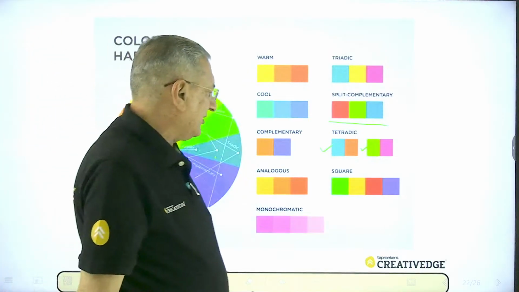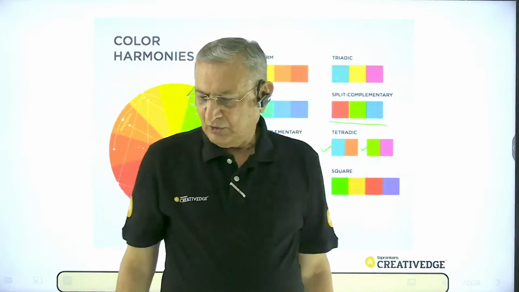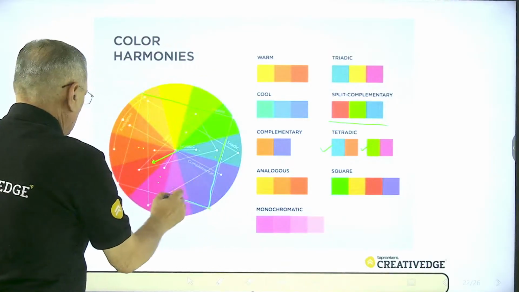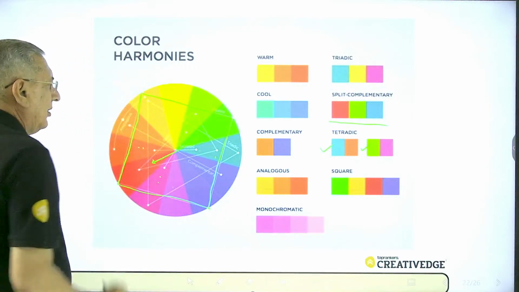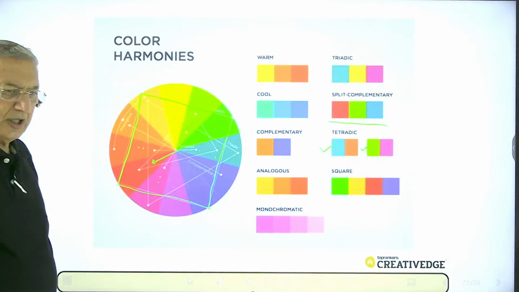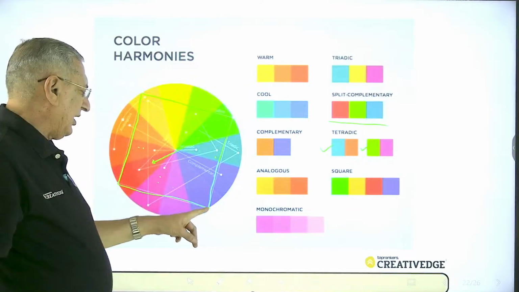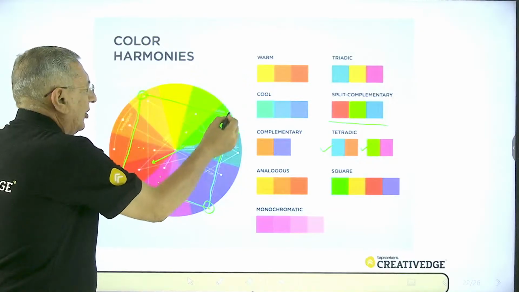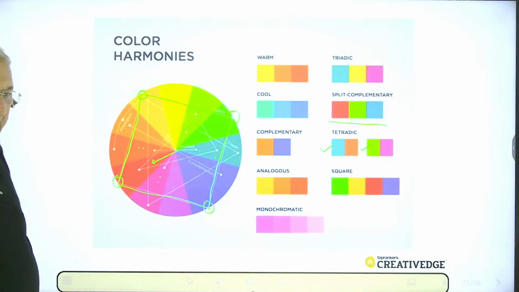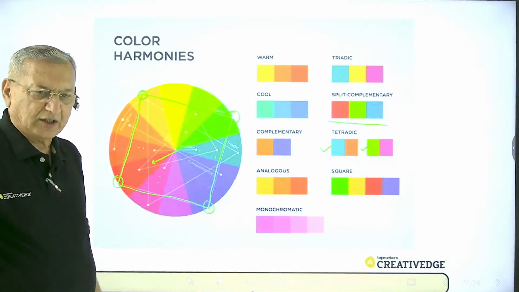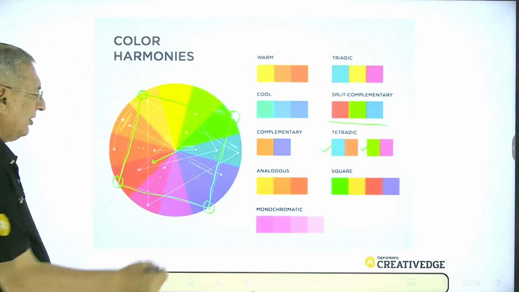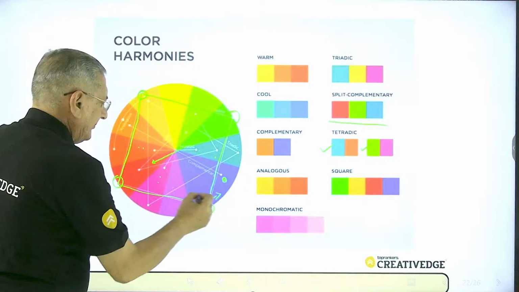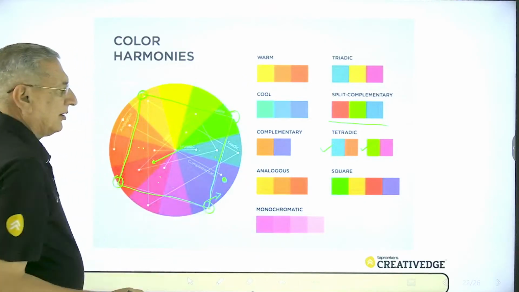So that is tetradic. Now square color, when you have a square placed on a color wheel of 12 colors, wherever the vertices of the square fall on the color wheel, that set of four colors will be called square color. To give you another example, suppose you move this over here. So what will be the square color of this?